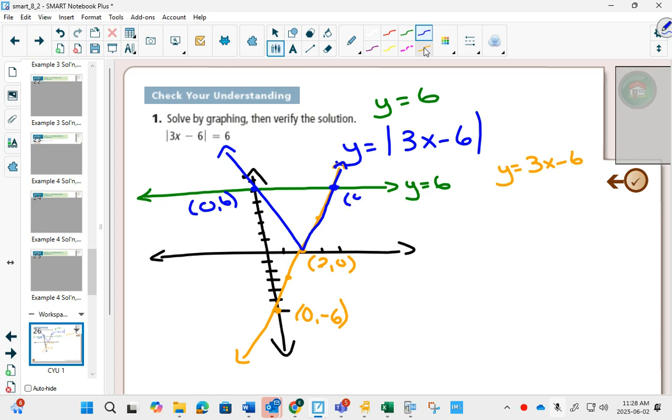And now there's 2 points that are in common, 0, 6, and 4, 6. So our solution to this question from the graph is x equals 0 and x equals 4.